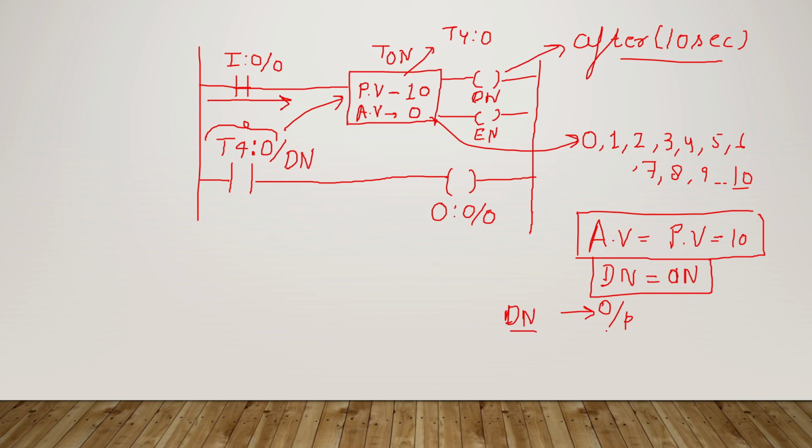So your output also turns on after 10 seconds. I hope you get an idea. If you want to turn on the output after a particular time, you can use the T-on timer, and after that time your done bit will be on and your output will be on. Thank you very much for this.